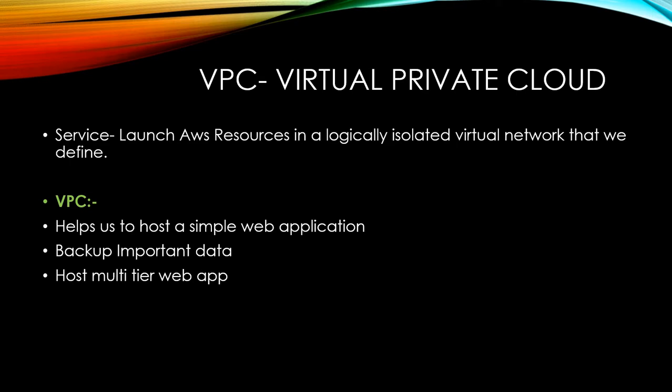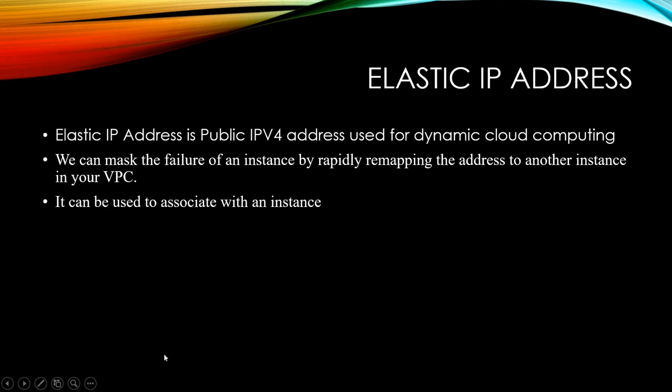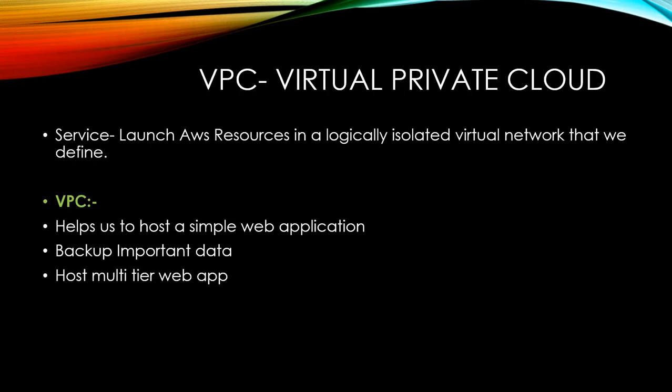This VPC helps us to host a simple web application, helps us to back up important data, and also helps us to host a multi-tier web app. So this was about VPC, and first we need to create a VPC in order to start exploring its resources.